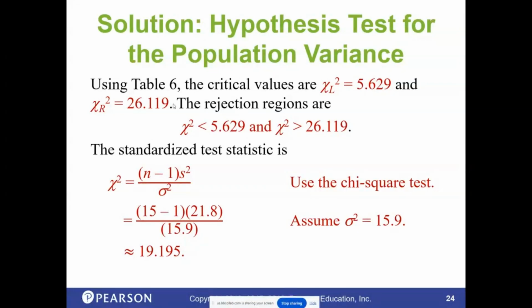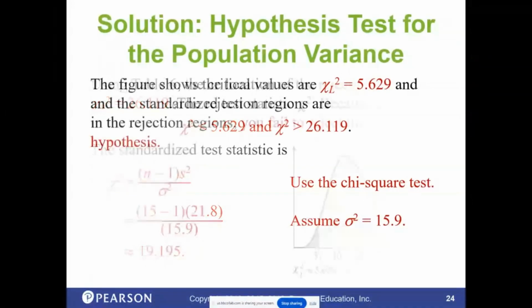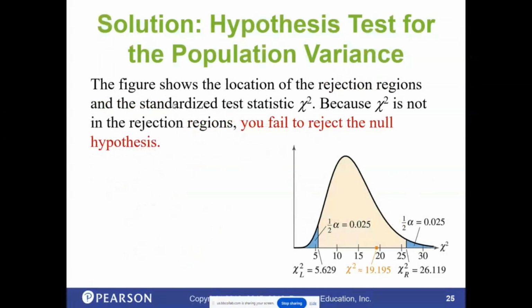So is that in the rejection region? Is it less than 5.6? Is it greater than 26.1? And if you're a visual person and you need to see it, you can sketch it out. My lab does a pretty good job of kind of walking you through it, so you can probably pick out which graph matches and not actually have to graph it. But sure enough, there it is.